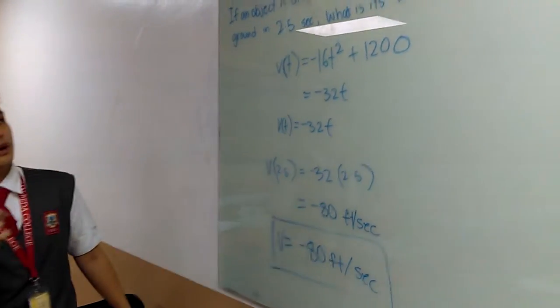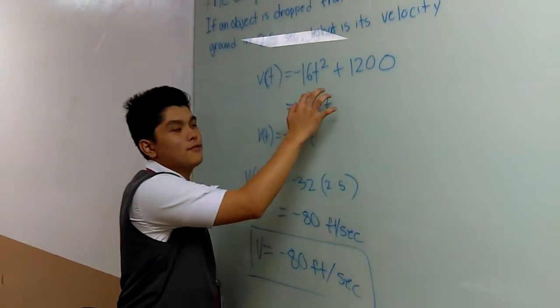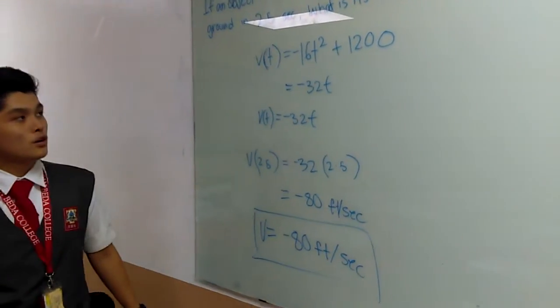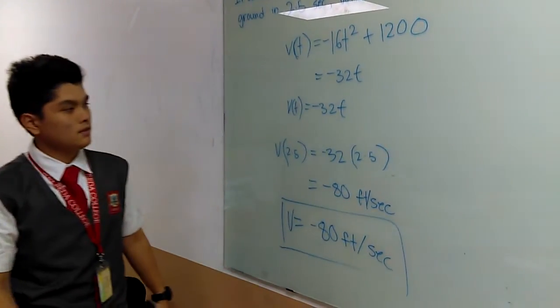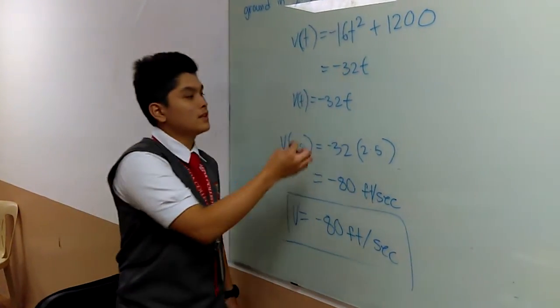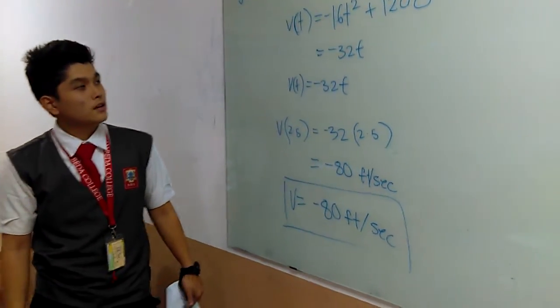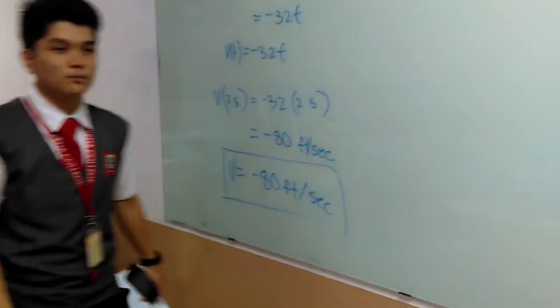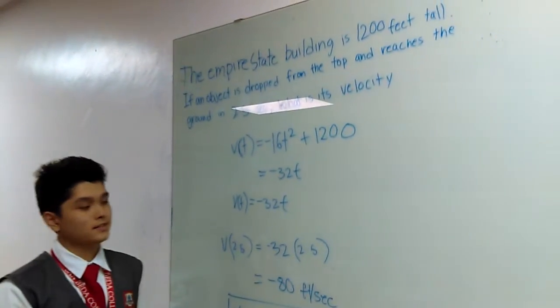Now, to get the velocity of the object that is dropped from the top, we will need to first differentiate this formula, which will give us negative 32t. That is now the final formula for velocity. The only thing to do now is to substitute the time given, which is 2.5 seconds.